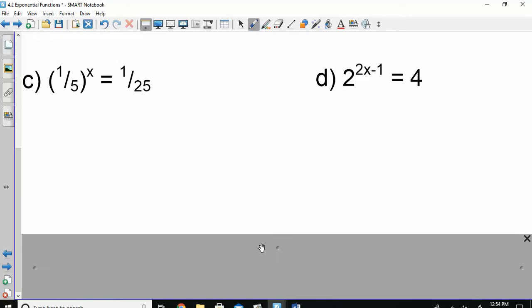Sometimes there are multiple ways of working a problem. This one we have a couple options. Does anyone have a suggestion? You could turn the 1 over 25 into negative 1 over 25 and x, do x minus 2 over 5.